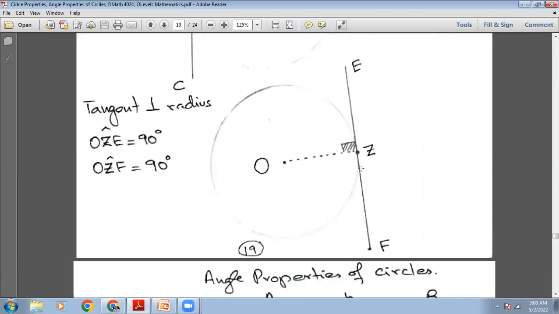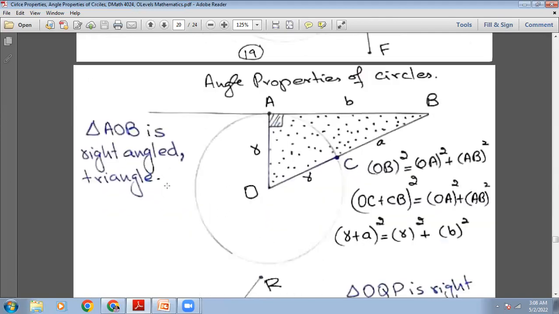Here is another example. This is a tangent, and Z is the point of tangency, EF is the tangent. So OZ is the radius, they make a 90 degree angle with each other. The radius and the tangent at the point of tangency are perpendicular to each other. So the angle OZE is 90, the angle OZF is 90.